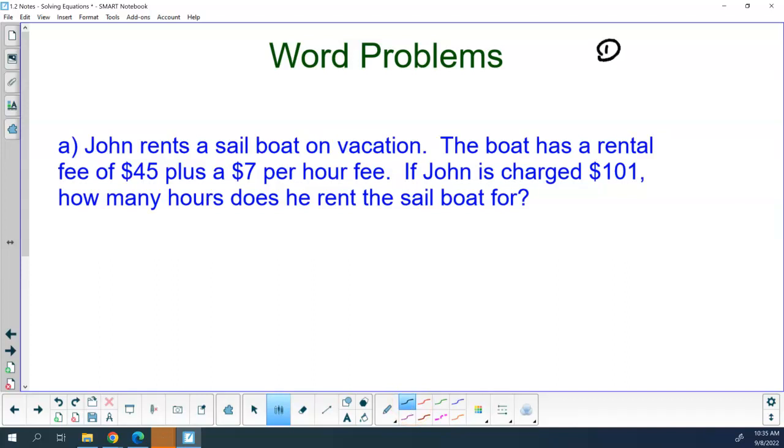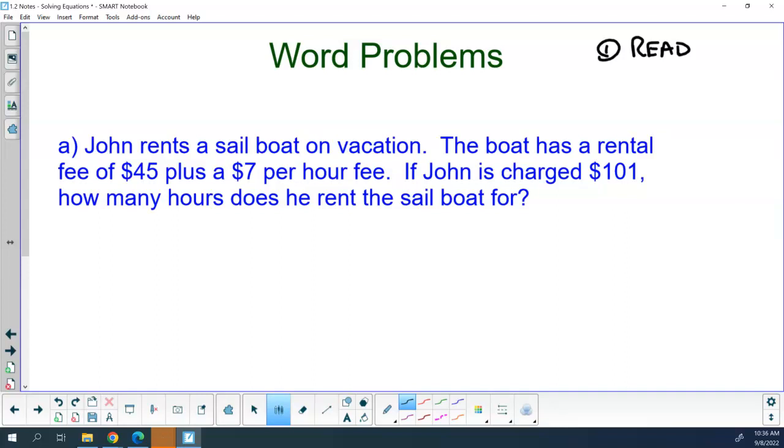First step in a word problem is the step that people always forget. You got to read it. You got to read it carefully too, in order to understand it, and figure out, decipher the information from it.